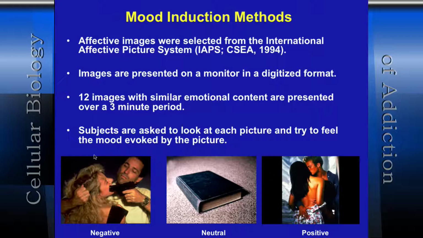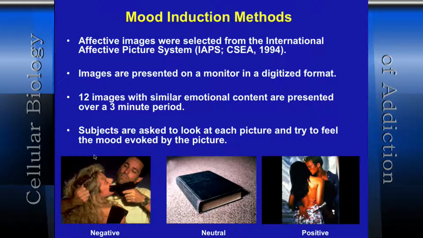And so we originally chose the most negative, the most positive, and the blandest neutral. And we do 12 images from one affective state, and the subjects are just asked to look at each picture and try to feel the mood evoked by the picture.